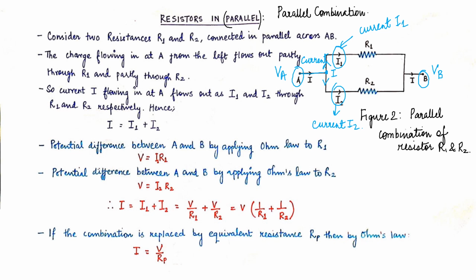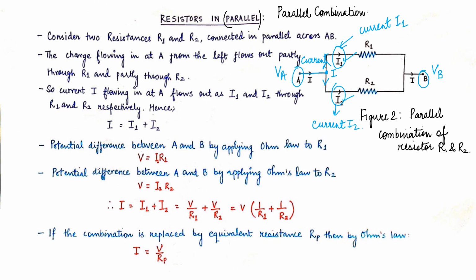It can fluctuate, but we will always consider an ideal situation where this is the I1 current and this one is the I2 current, because division over the junction is happening.